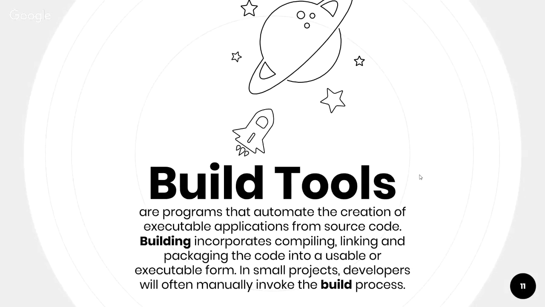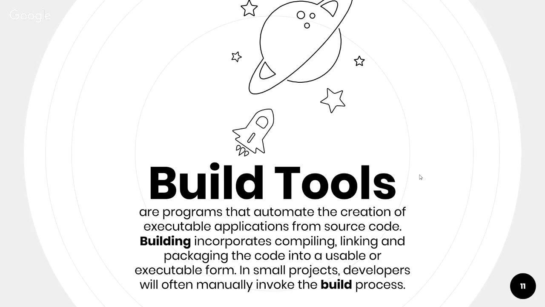So now that we know what the build process is, let's take a look at what build tools are and what they do. Build tools simply are programs that automate the creation of executable applications from source code. Building incorporates compiling. Like we said, building and compiling is essentially the same thing.